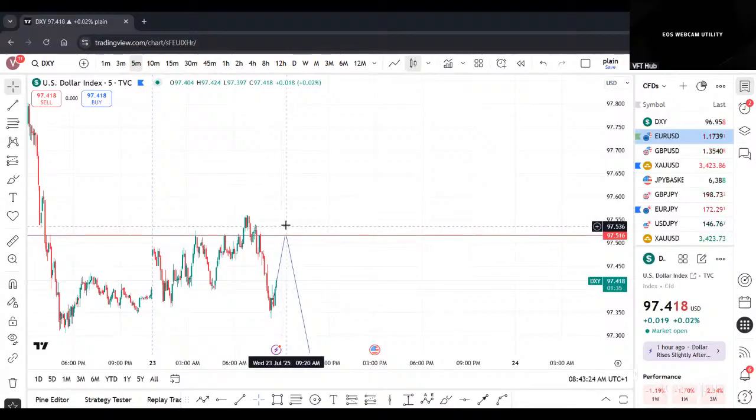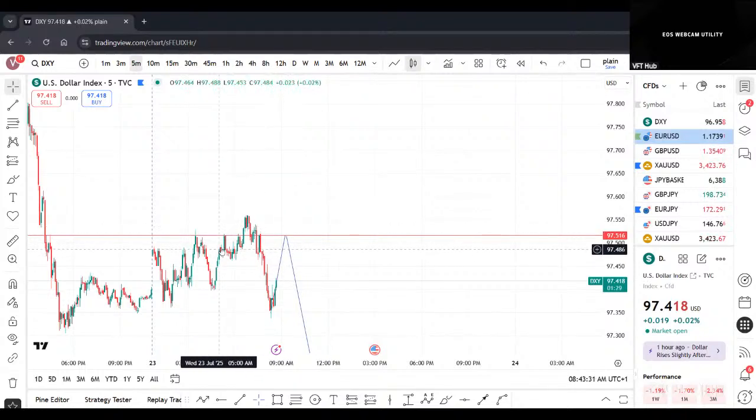Since we've established that we want to keep selling the DXY, we want to see price retracing into this left shoulder on 5 minutes time frame. And once price gets there, I'm willing to continue the sell on the DXY. I hope that is clear for the person who asked.